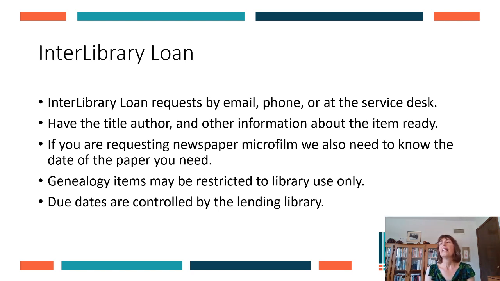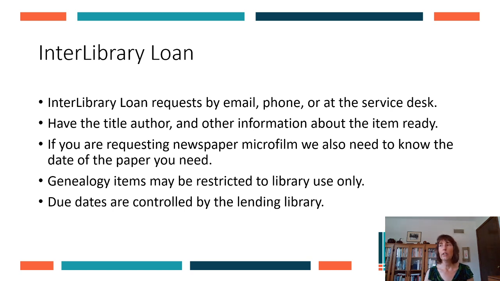More often, they will let you know what resources they have and suggest you submit an interlibrary loan request through your home library. If this happens, contact us at the Hedberg Public Library. You can submit an interlibrary loan request over the phone, by email, or at the main service desk.